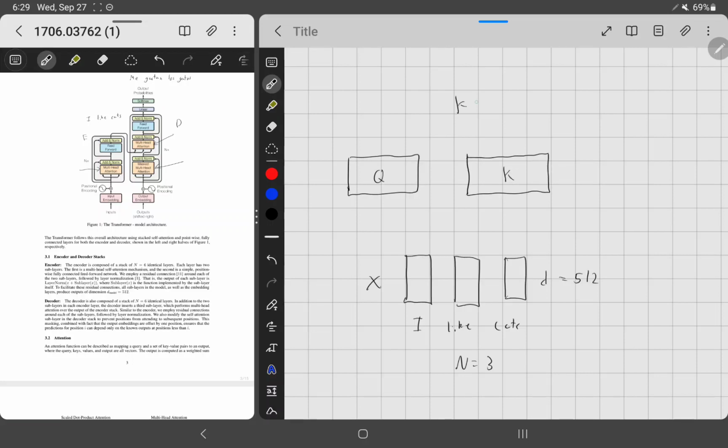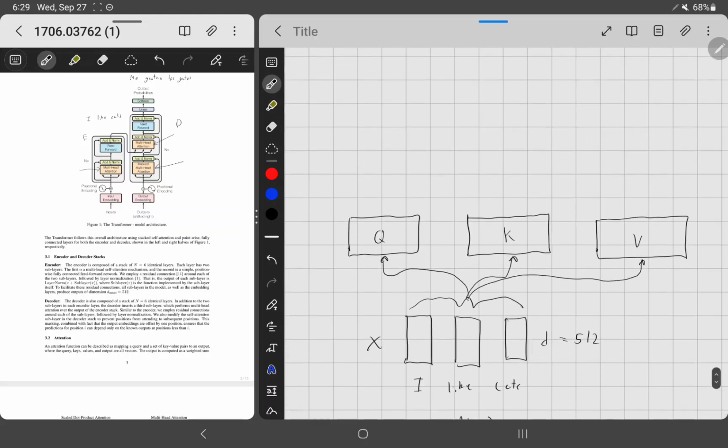The keys are equal to x times WK, and WK is just a d by d matrix, and you do the same for the values, where WV is also a d by d matrix. So you have 3 of these matrices now, and they're just different representations of this data. And yeah, those weight matrices are learned.